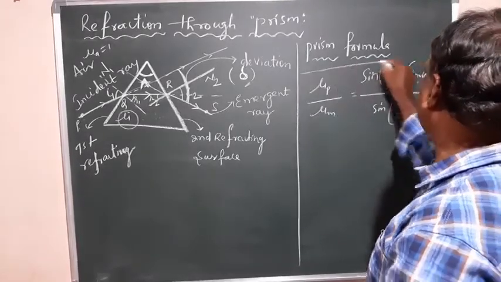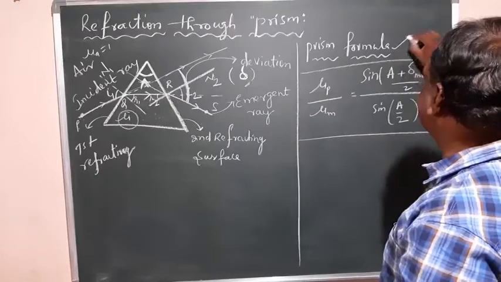This equation is called the prism formula.